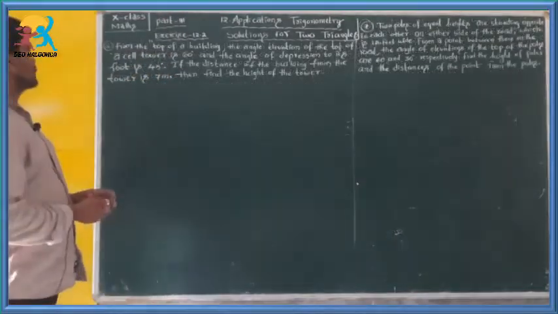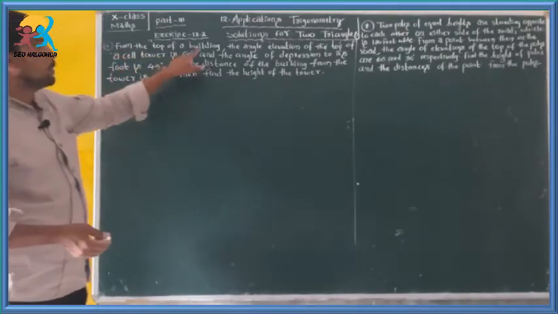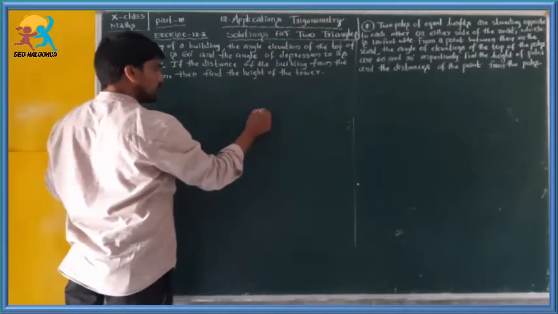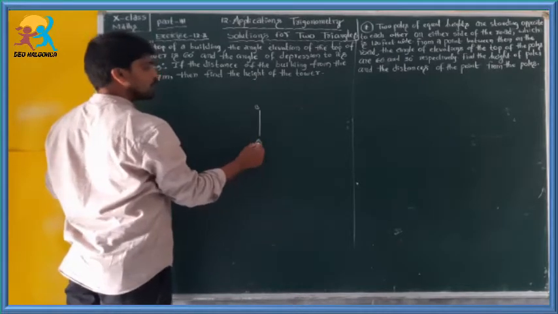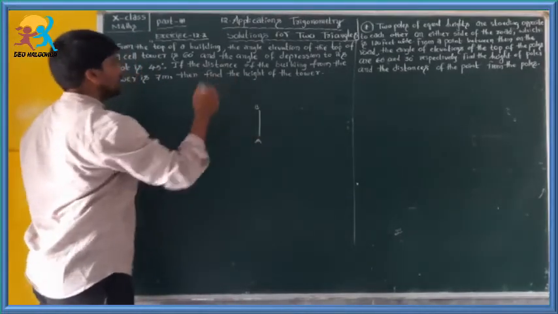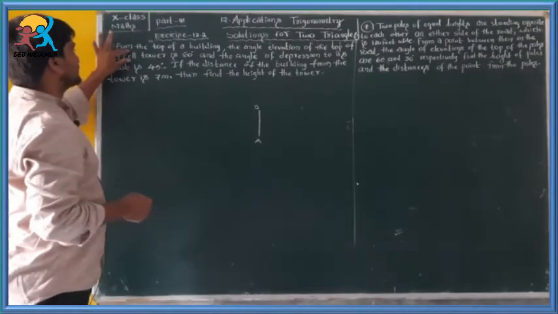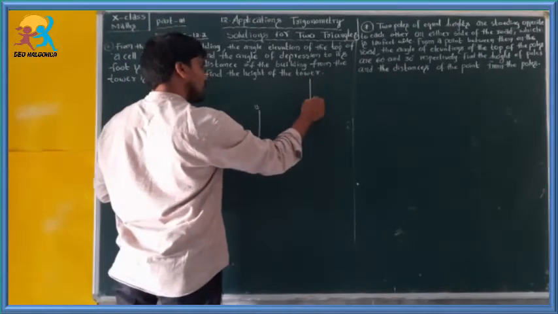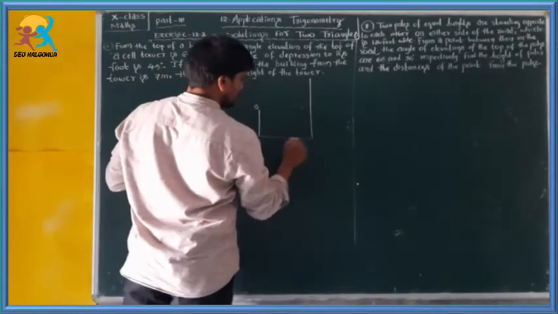Now we are discussing question number 4 and 7. So question number 4, first of all, from the top of a building, let us consider AB is the height of the building, A is the foot of the building, B is the top of the building. The angle of elevation of the top of a cell tower, always a cell tower is higher than a building.